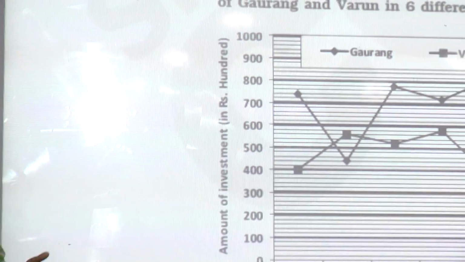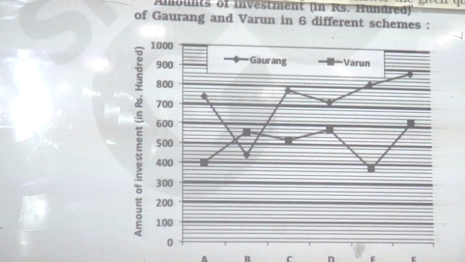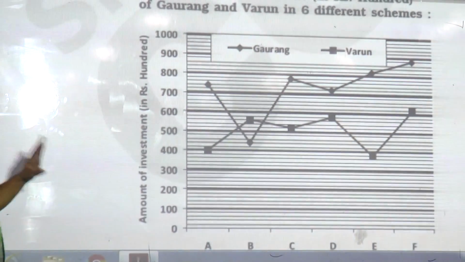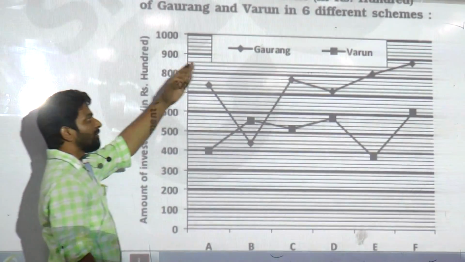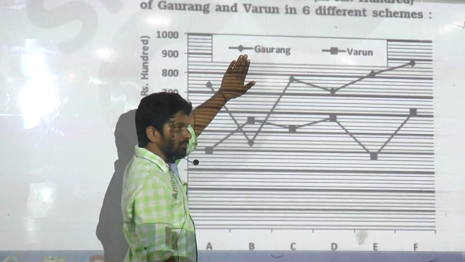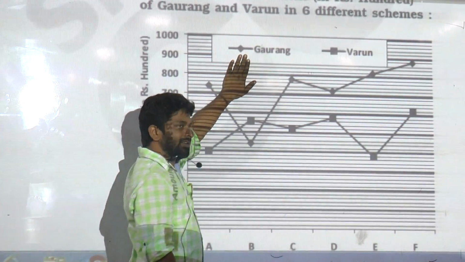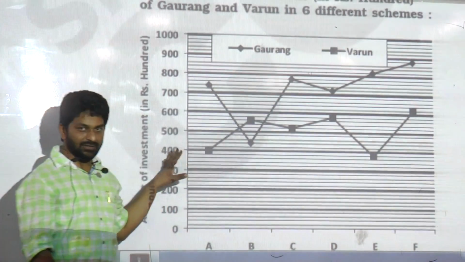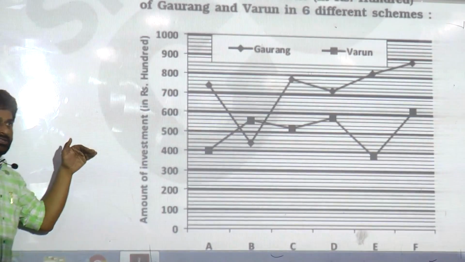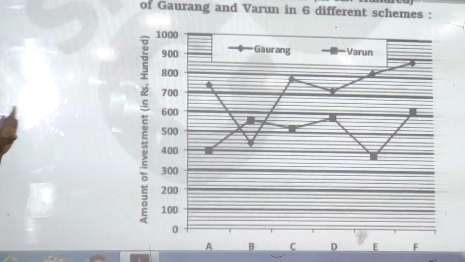Instead of that, go for individual differences and then take the average. Okay? But make sure you always subtract one value from the other only. In the sense, subtract Varun from Gaurav. Follow this. Else, subtract Gaurav from Varun. But don't mix it. If you mix it, you'll get a different answer.